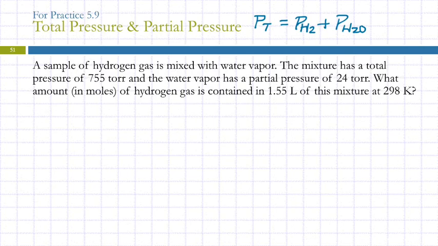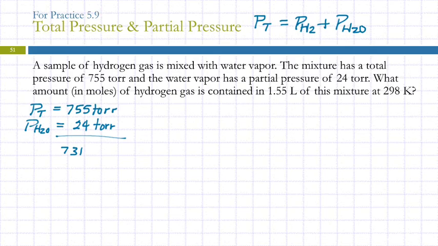They told us what the total pressure is. So the total pressure is 755 torr. And the water vapor has a partial pressure of 24 torr. Could we figure out the pressure of the hydrogen from that? Yeah, all we have to do is subtract. 731 torr, that's the pressure of the hydrogen gas.